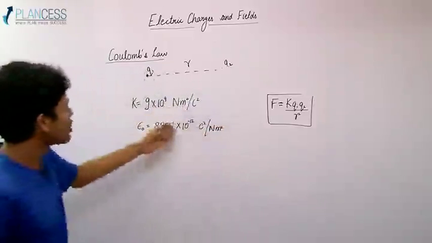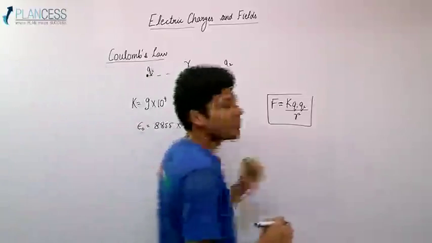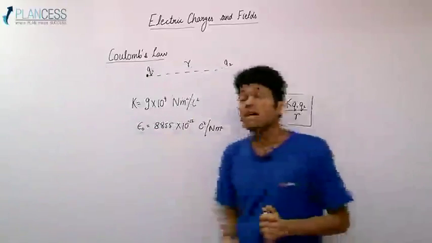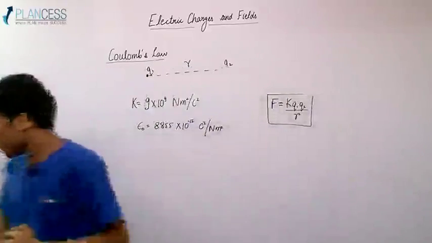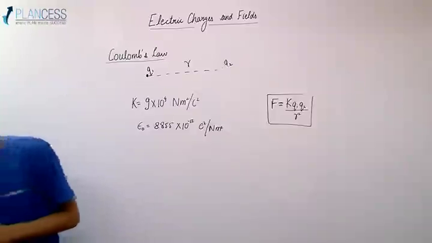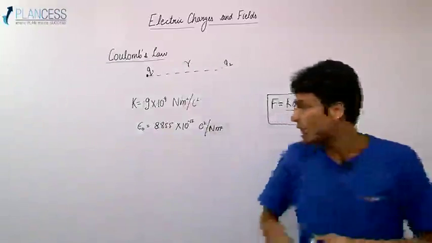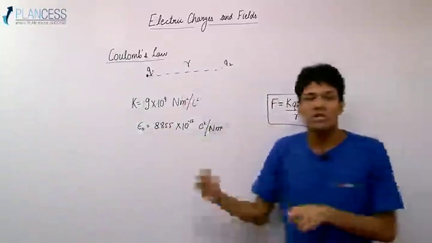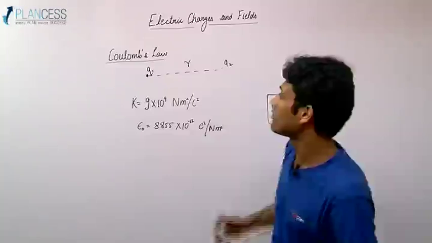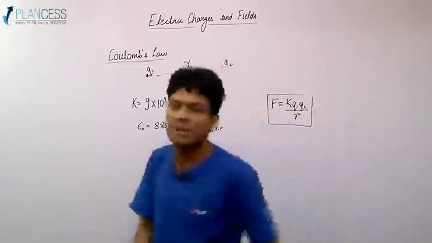So these are the two standard values. This is the standard value of K, and this is the standard value of epsilon naught, which I think you must all remember, because these values are used in various calculations of forces between electric charges.